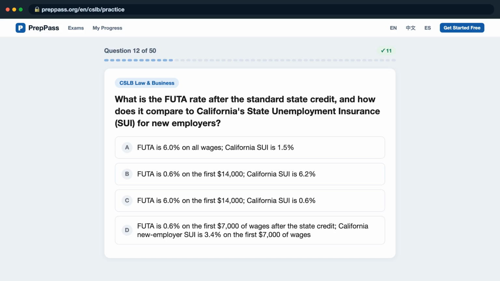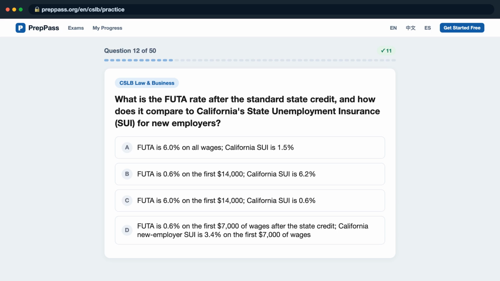Question 12. What is the FUTA rate after the standard state credit, and how does it compare to California's state unemployment insurance, SUI, for new employers? Is it A, FUTA is 6% on all wages, California SUI is 1.5%? B, FUTA is 0.6% on the first $14,000, California SUI is 6.2%?